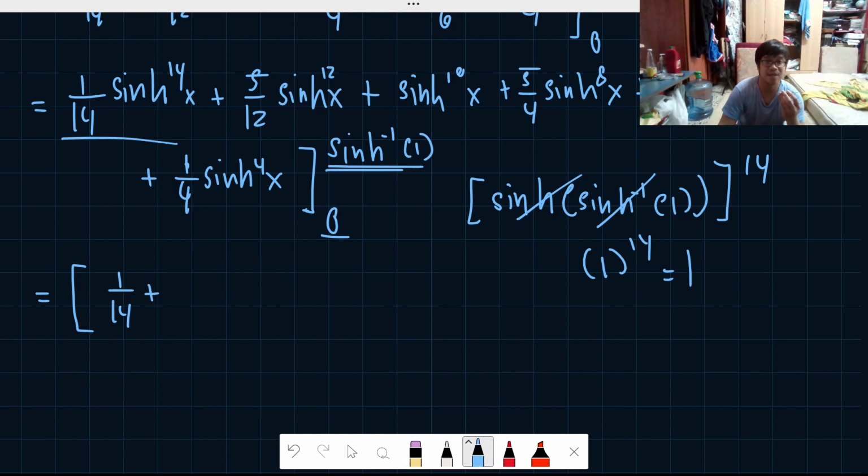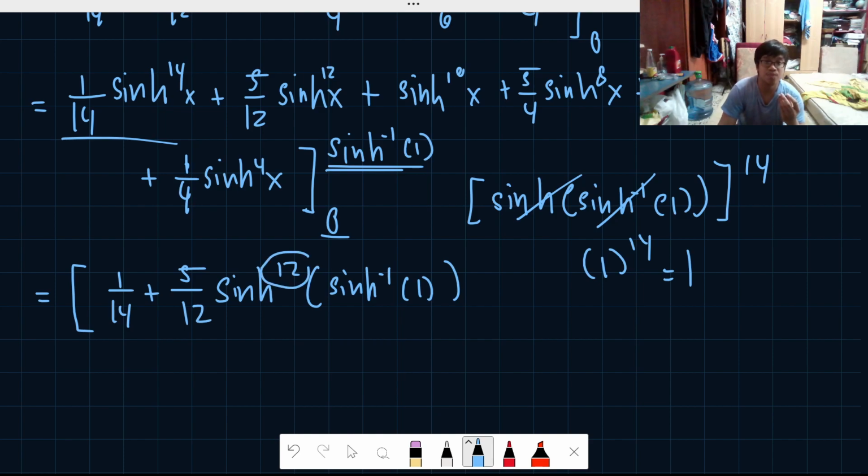Now the same thing goes for the other terms, like 5 all over 12 times hyperbolic sine raised to 12 of inverse hyperbolic sine of 1. If you bring out the exponent, we will have hyperbolic sine of inverse hyperbolic sine of 1, raised to 12.